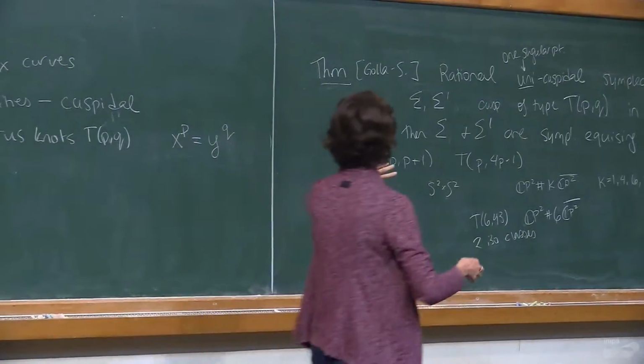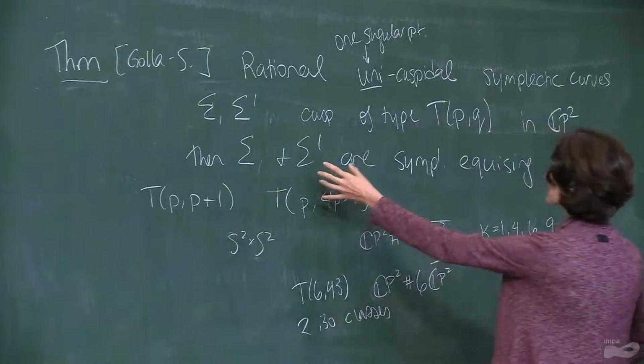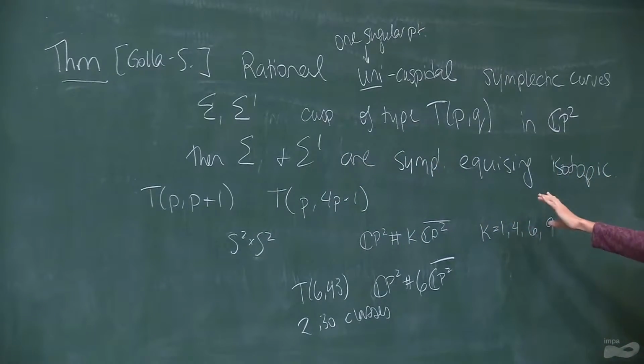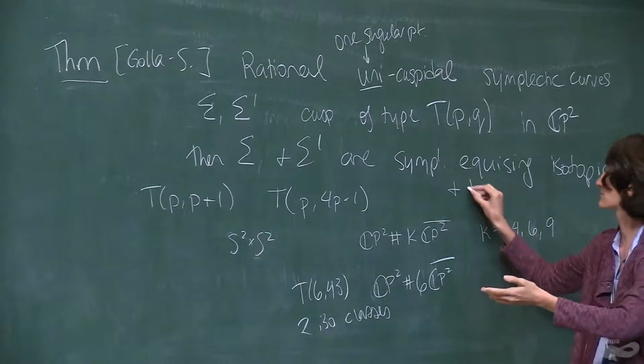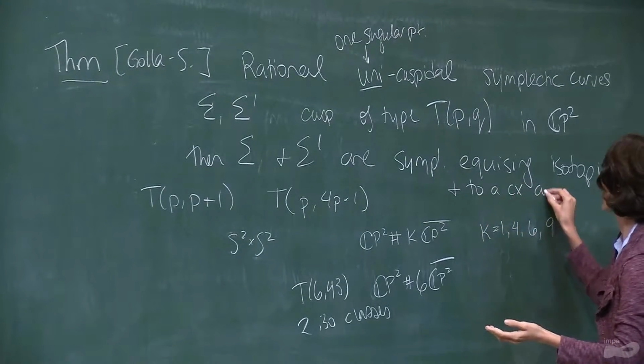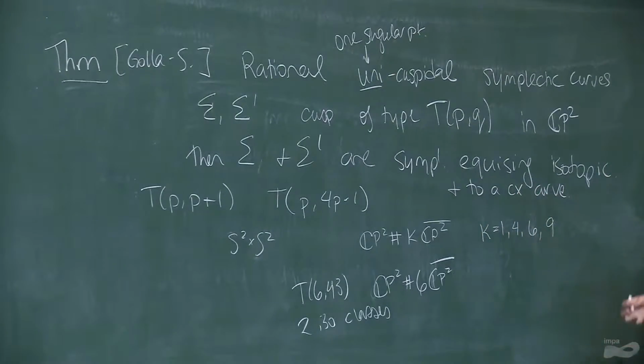Okay, so I didn't say this in the statement. They're symplectically equisingularly isotopic to each other and to a complex curve. There are two pieces of information here. One is if the singularity type doesn't admit a representation by a complex curve, then it doesn't admit a representation by a symplectic curve either.